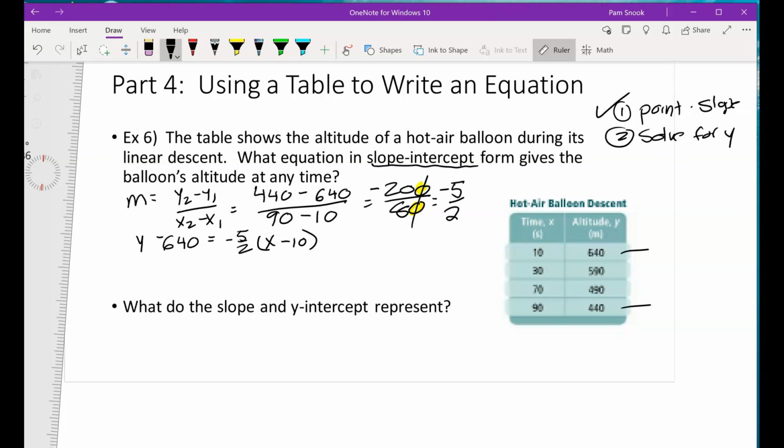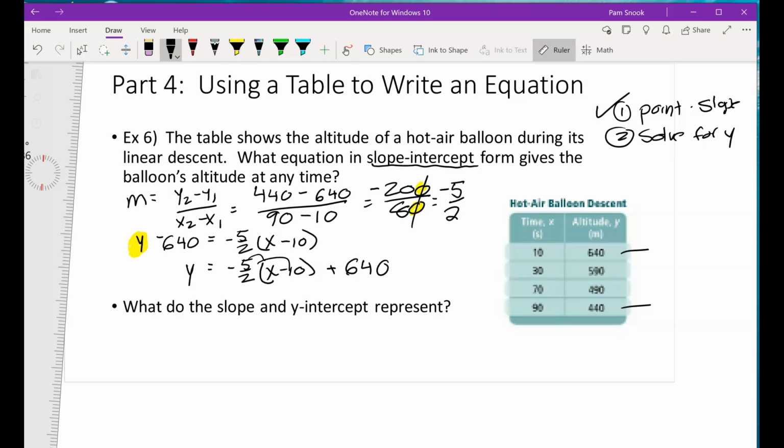Now I'm going to solve for y. What I mean by that is literally I'm going to rearrange this equation so that this y is all by itself on one side. So the first thing I need to do is add 640 to both sides. So y equals negative 5 halves times x minus 10 plus 640.